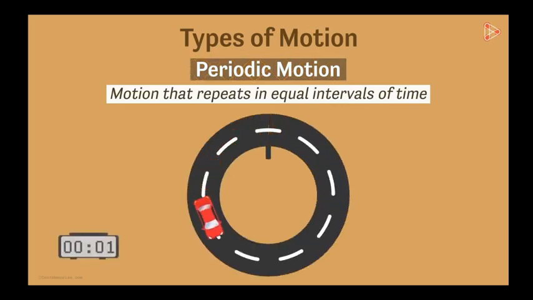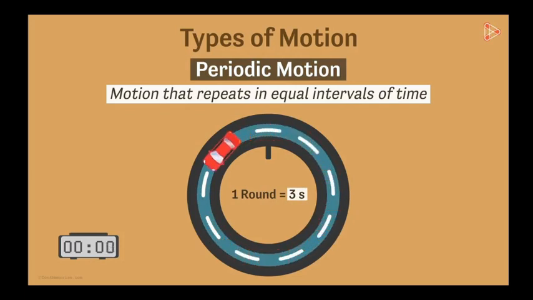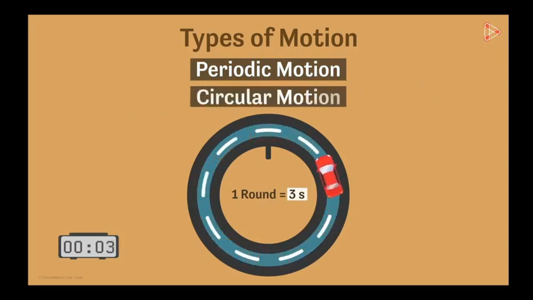Assume an object is moving in circles and is covering each round every 3 seconds. Is it performing a periodic motion? Absolutely. Since it's repeating its motion along the same path every 3 seconds, it is undergoing periodic motion. But wait a moment. This object is moving along the circumference of a circle. So it is also undergoing circular motion.